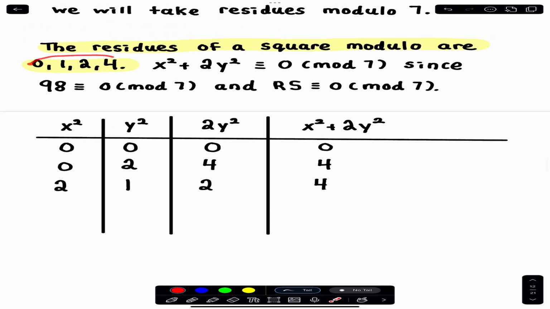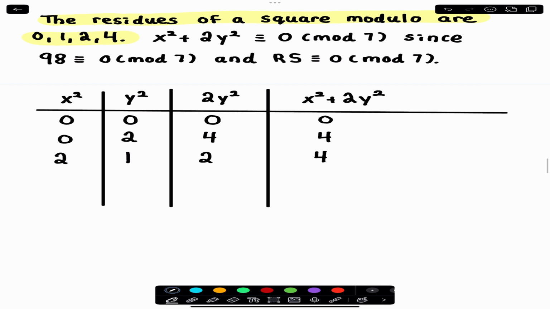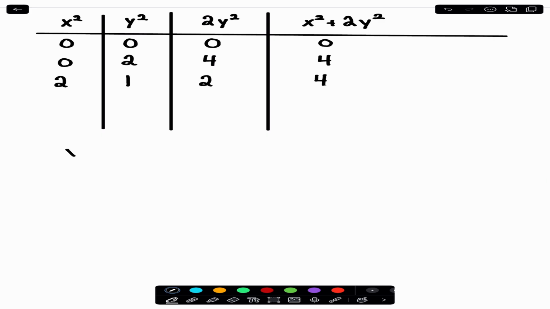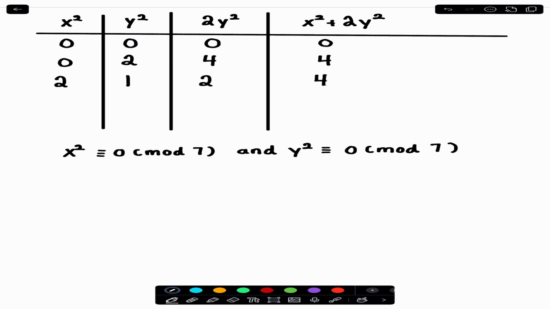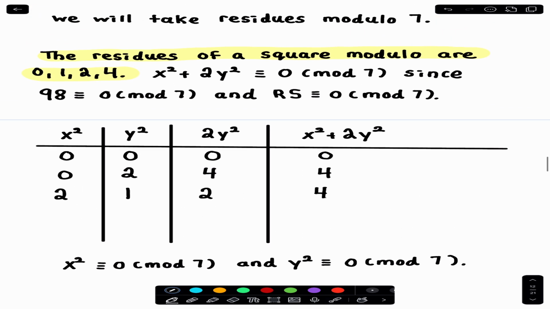So try all pairs if you really want to convince yourself, but in the end what you're going to find is that x squared must be congruent to 0 mod 7 and y squared must be congruent to 0 mod 7. This is the only possible way to get x squared plus 2y squared congruent to 0 mod 7.